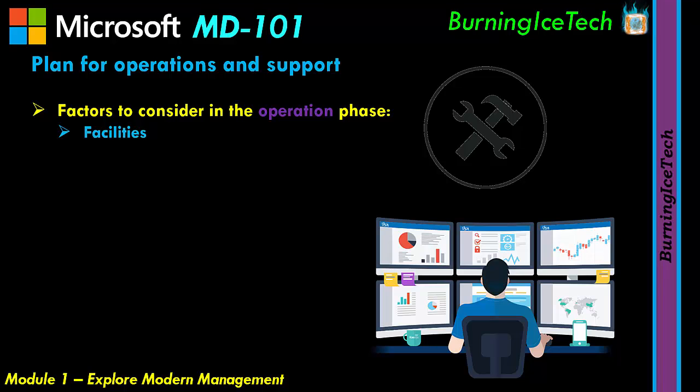Now, what we also have when it comes to the operation phase, some of the factors you can consider is computer security. How secure are these computers? And believe it or not, I'm not just talking about the software you're running on these machines, like your antivirus and firewall and all that. I'm also referring to where are these computers.